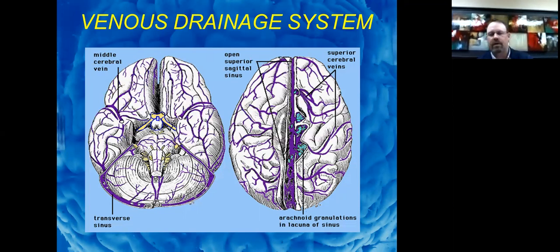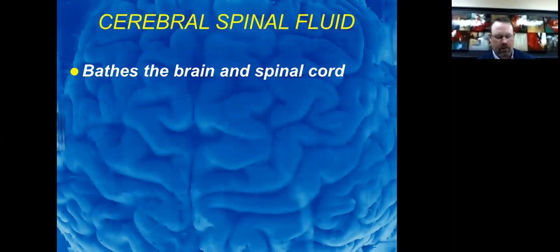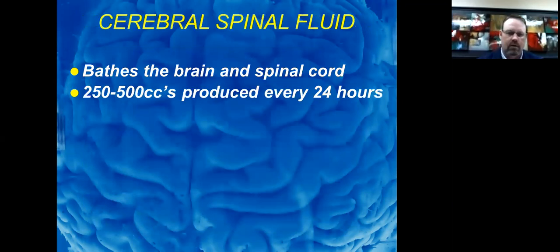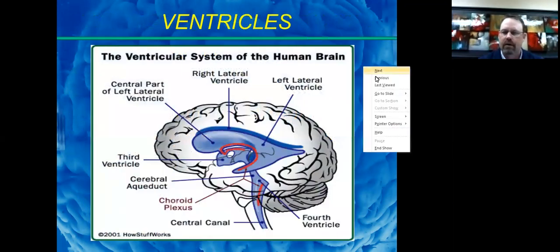Keep the head of the bed elevated 30 degrees for good continuous blood flow, and don't kink the neck. I mean, keep them in neutral inline position.